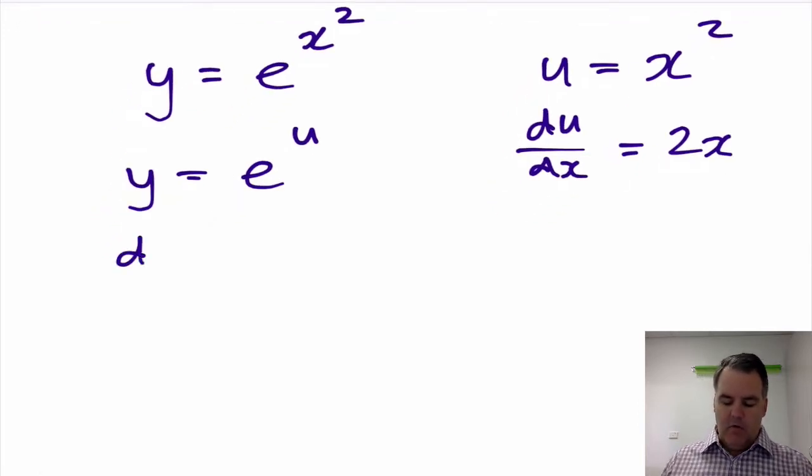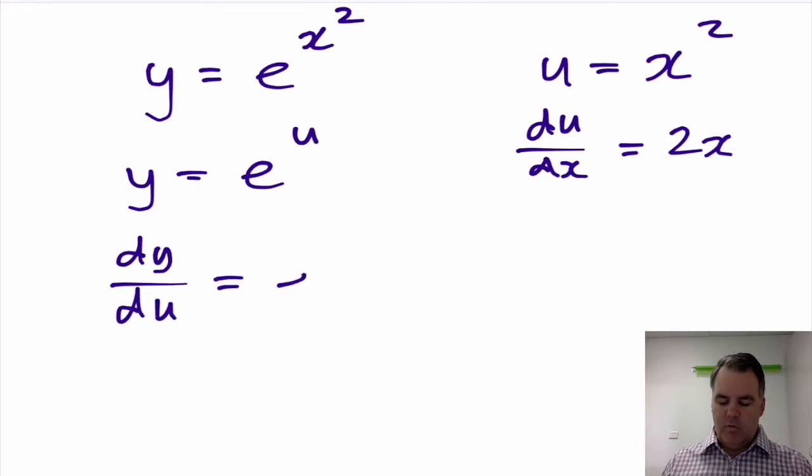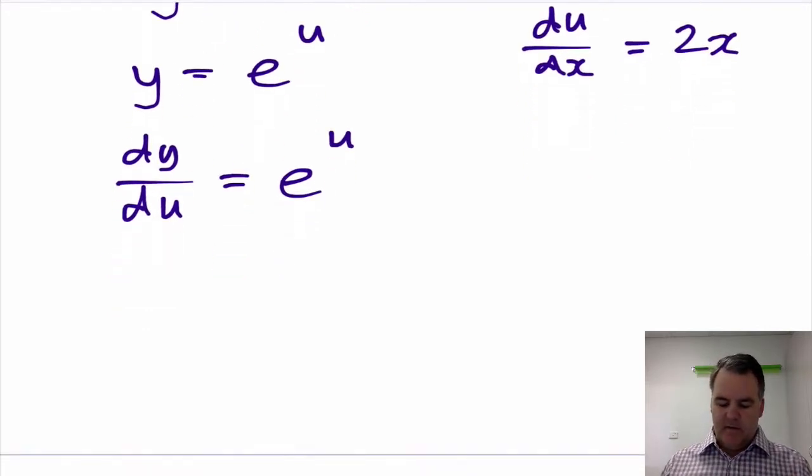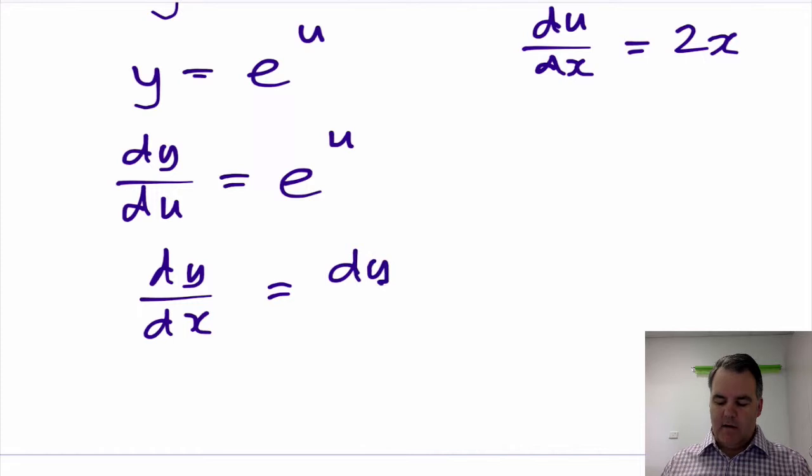Well, now we know dy du, the derivative of that function with respect to u is just e to the power of u. The derivative of e to the anything is just itself. But what we want is dy dx. So this is where the chain rule comes in. dy dx, we're going to say, is dy du times du dx.